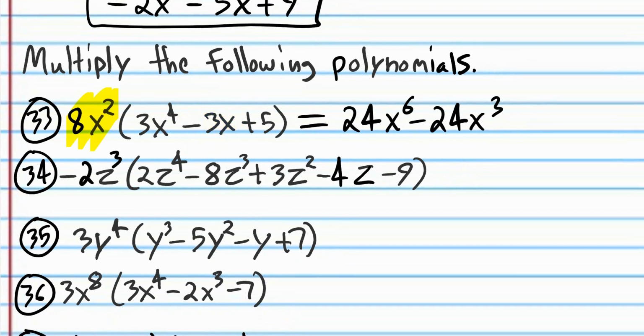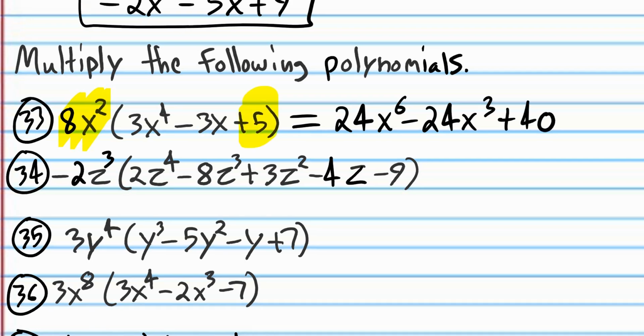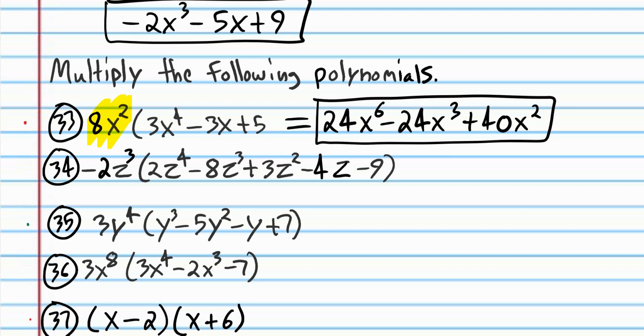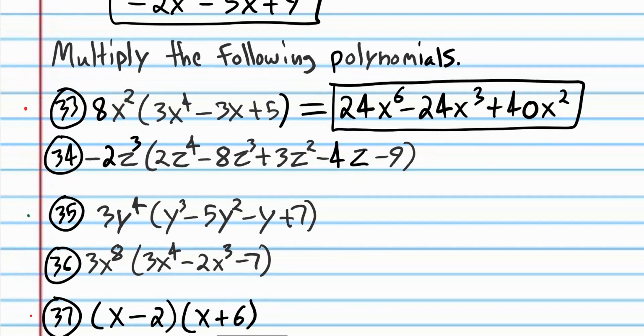Then we're going to multiply 8x squared by 5. 8 times 5 is 40, and there's no x on 5, so we don't increase the exponent value. And let's go on to number 34.